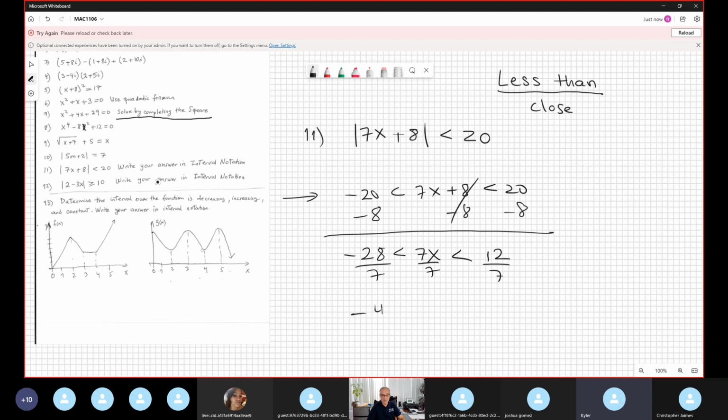This is negative 4 less than x less than 12 over 7. Okay, so they want me to express the answer in interval notation. No, leave it like that, this is perfect, but they want you to write it like this: parenthesis, negative 4, comma, 12 over 7, and close the parenthesis, no square bracket, because we have no equal sign.